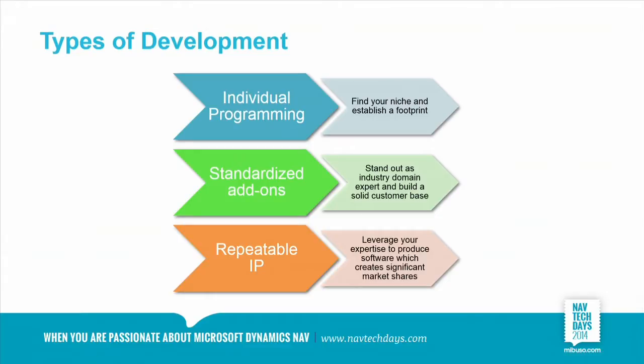Then we went to doing standardized add-ons that sort of began in the late 1990s. And we try to stand out as industry domain experts and build a solid customer base based on one market segment, actually.